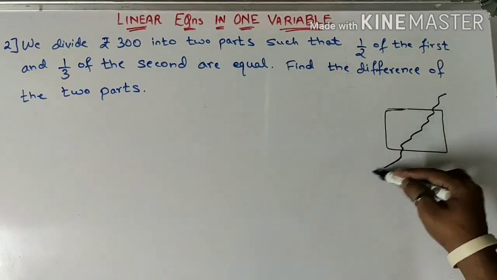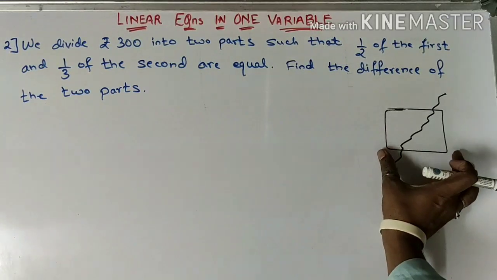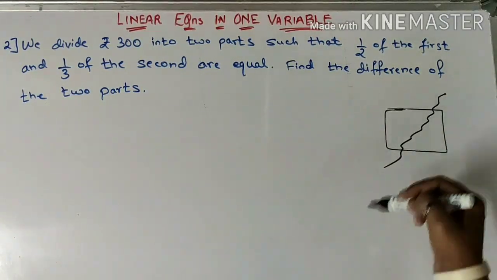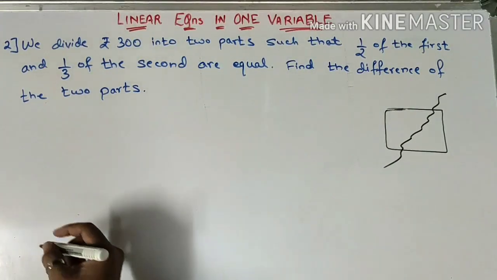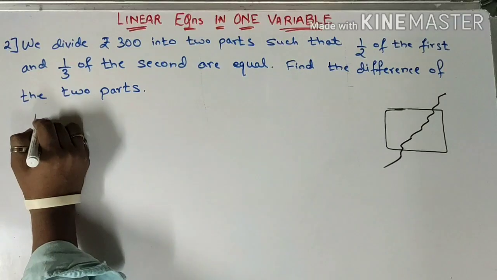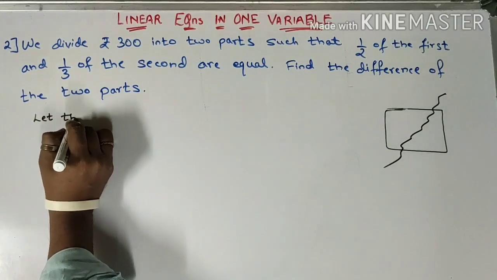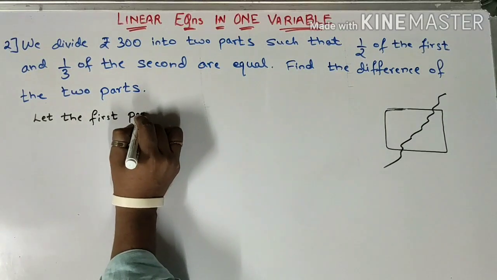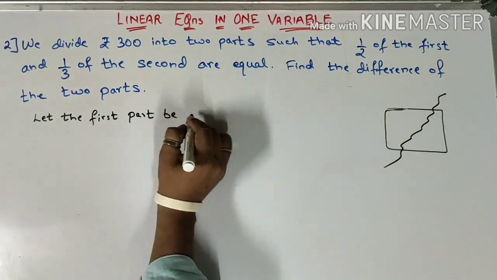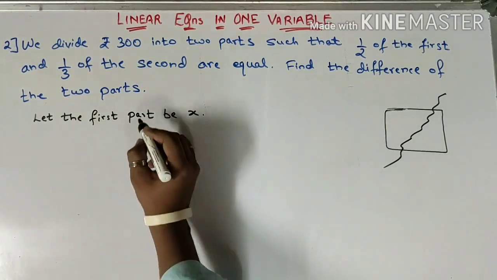So I divide 300, suppose this is my 300, I divide it into two parts. So what will be my two parts? Okay, so my first part, let the first part be x.